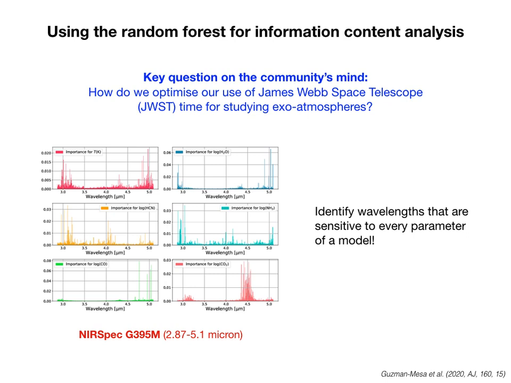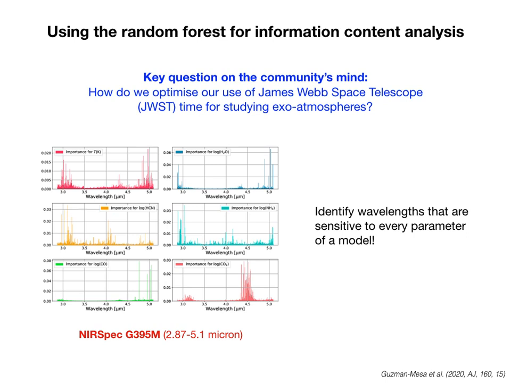And you can see that, for example, carbon dioxide, which is the lower right panel, has a cluster of entries near 4.5 microns, which is also one of the channels of the Spitzer Space Telescope. This is consistent with the notion that the Spitzer Space Telescope in its 4.5 micron channel can detect the presence of carbon dioxide.